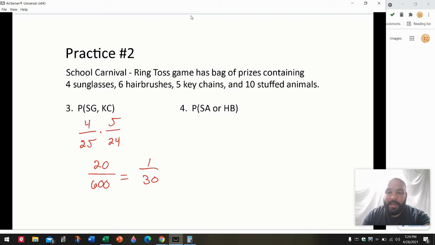So we can pick a stuffed animal, which there's 10 of those, or a hairbrush, and there's 6 of those. So there's a total of 16 objects that we would be okay with picking. And that is out of a total of 25 objects. And so in this case, our probability is 16 over 25.